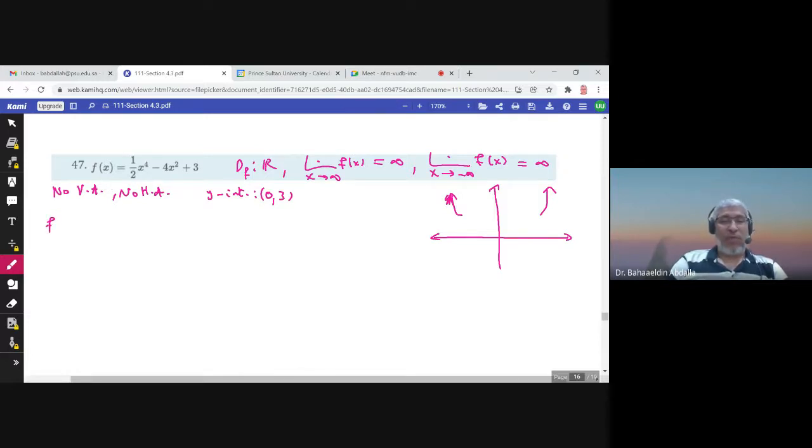I'll go immediately and find f prime. 4 times half is 2x to the power 3 minus 8x. So I can take 2x as a common factor. So I have x squared minus 4. And this is 2x times x minus 2 times x plus 2.